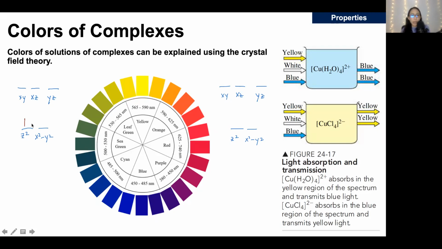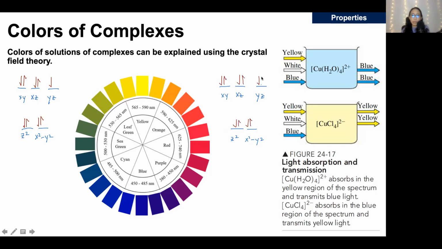That means they have the same electron distribution. So, pag high spin, we can distribute them on all orbitals first before pairing. So they have the same electron distribution.